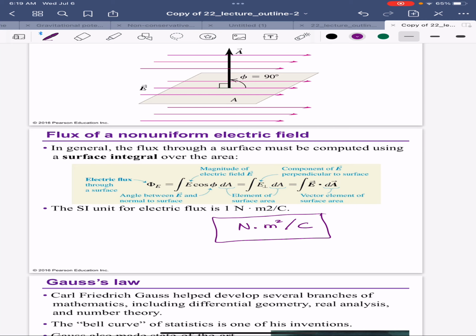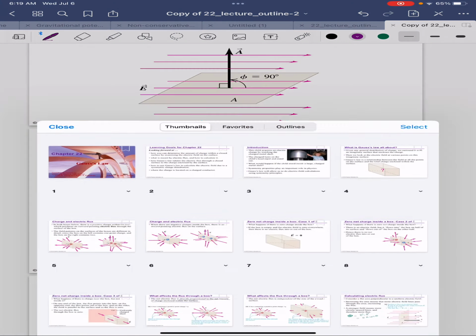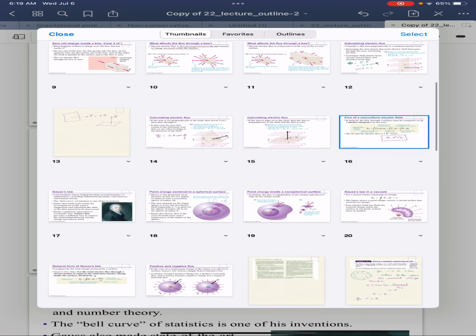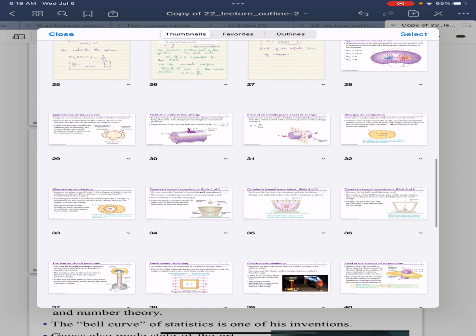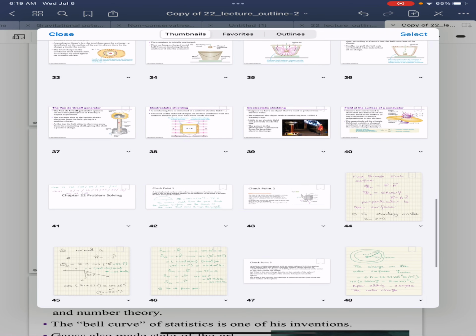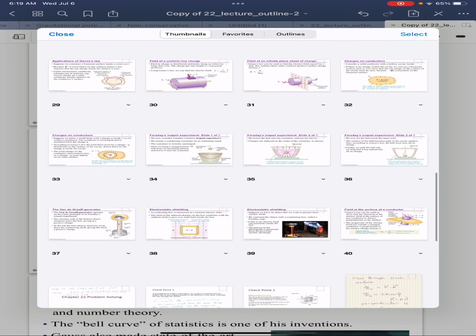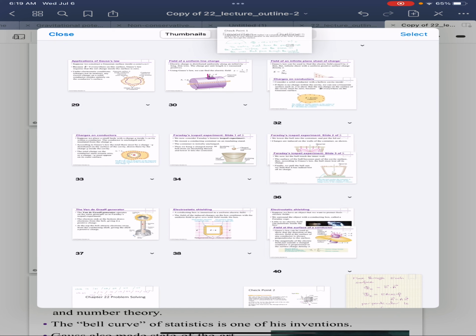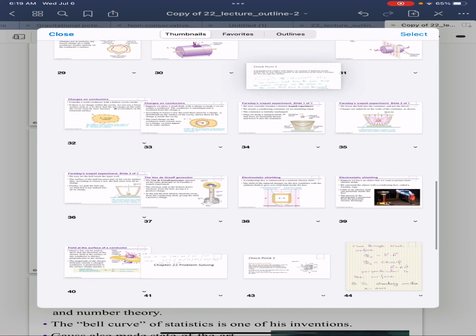Now I will do some examples here, but I need to rearrange my pages. Hopefully I will be able to do that.